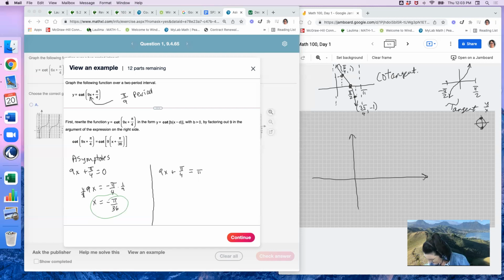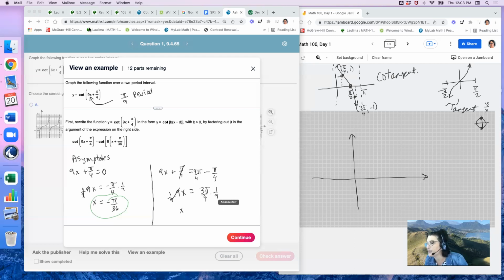Okay, down to the next one, we're going to subtract pi over 4 from both sides. 9x, what is that? Get a common denominator. So that would be 4 pi over 4 minus pi over 4, so that would be 3 pi over 4. And then solve for x here.